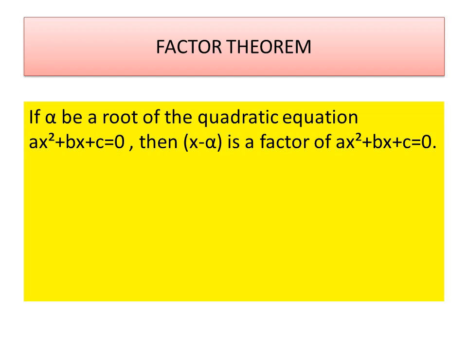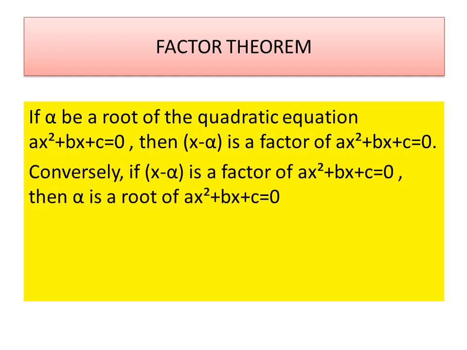That means if we know alpha is the root of a quadratic equation, then x minus alpha will be a factor of it. Conversely, if x minus alpha is a factor of ax square plus bx plus c, then alpha is the root of ax square plus bx plus c is equal to 0.